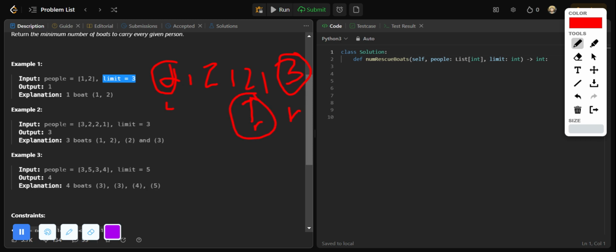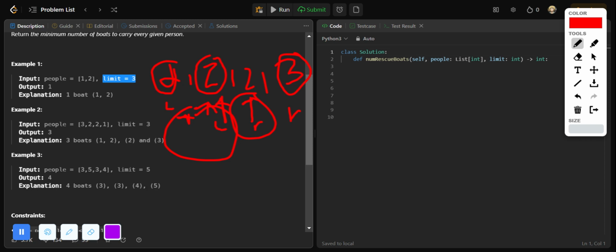Now when we sum one and two, it's going to be three, so we count one. The number of boats is going to be two, and we move both pointers, and they are pointing to two. Since the sum of these two is greater, we count one boat and move the right pointer to the left, and they will cross each other, and then the loop will terminate.